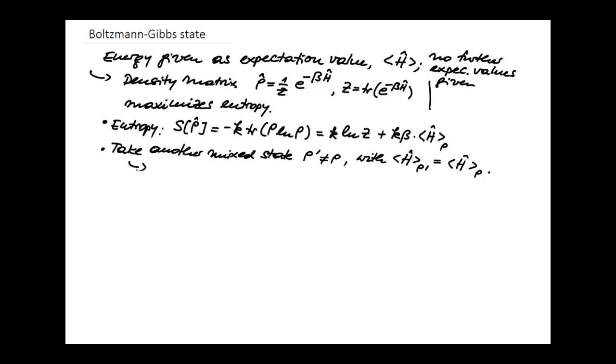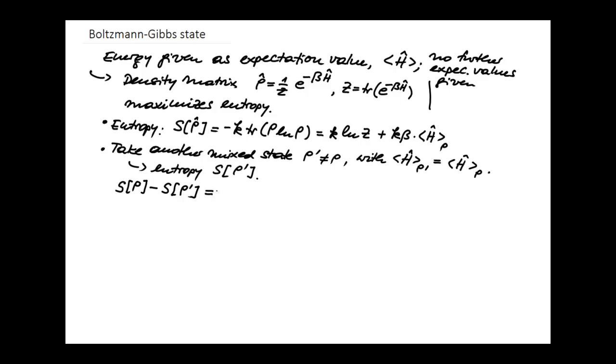This alternative state, rho prime, has an entropy S of rho prime. Now let's consider the difference between the two entropies, S of rho minus S of rho prime.